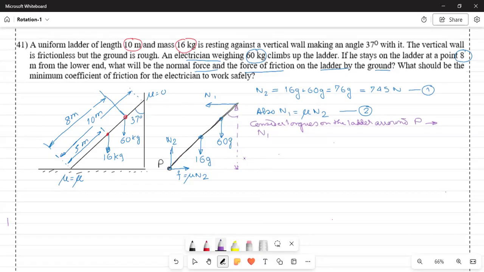So this is 10 cos 37. So it is N1 multiplied by 10 cos 37 degree. N1 is the only anticlockwise torque, and 16G and 60G are clockwise torques.